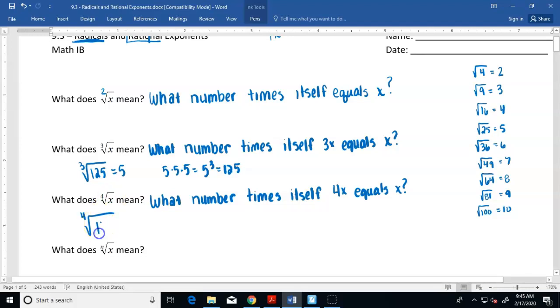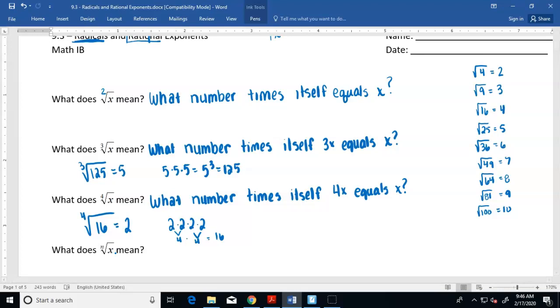What's the fourth root of 16, Adam? Okay, it would be 2, because 2 times 2 times 2 times 2, that'd be 4 times 4, which would give us 16. So the fourth root of 16 would be 2.